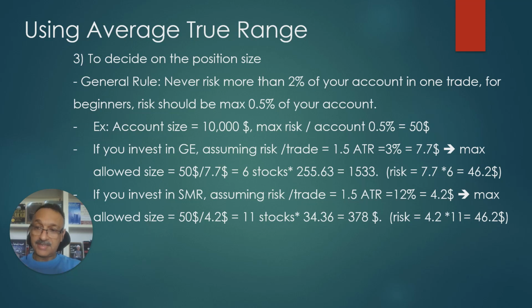For low risk stocks, low ATR stocks, automatically the position will be bigger. In both cases, the risk that you are taking is the same, which is 0.5% of your account. So this is the way to decide on your position size using the average true range and the risk for each stock.